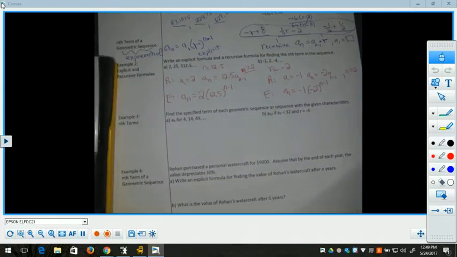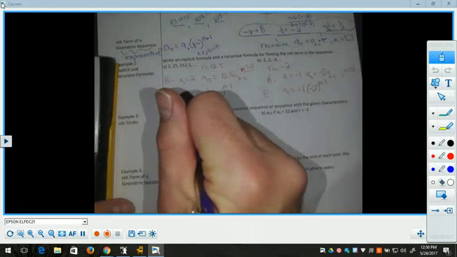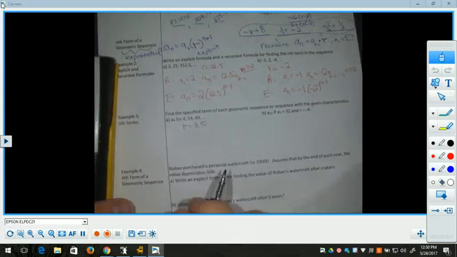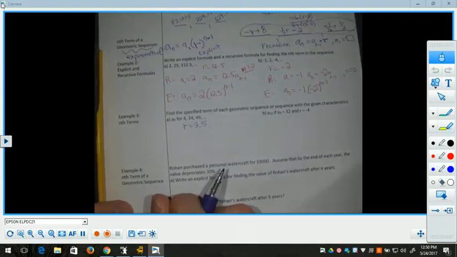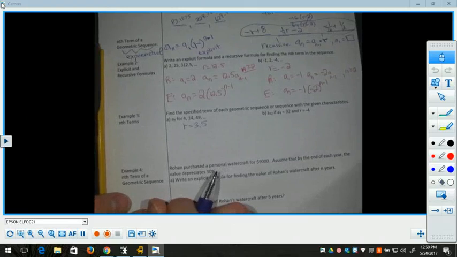So 49 divided by 14 is 3.5, and 14 divided by 4 is 3.5. They're both 3.5, so the common ratio is 3.5. We're not asked to write an explicit rule, but it will help.